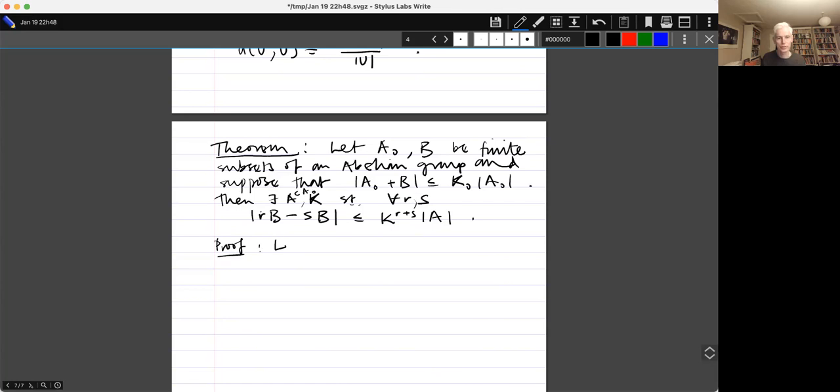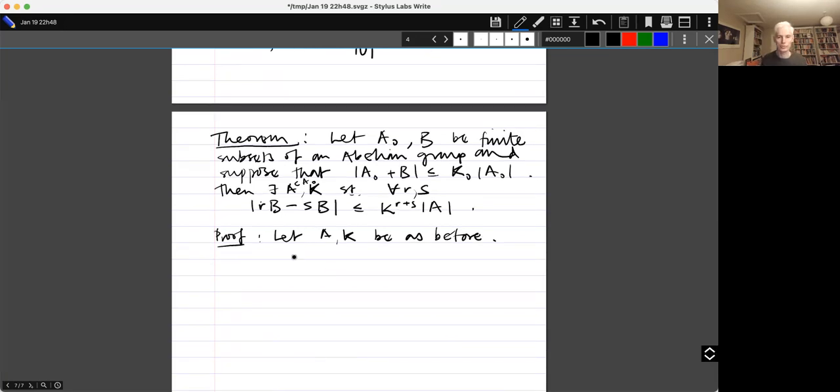Proof. So let A and K be as before. So I pick A to be such that the ratio A plus B divided by A is minimal, and then we know all sorts of things from the previous results we've already proved.